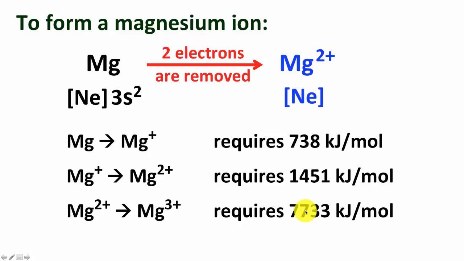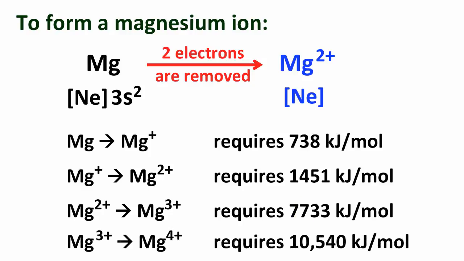Very big increase. And then to go from +3 to +4 requires even more energy, quite a bit more, but not as big a percent or fractional increase. Now it's only about 50% more energy to remove the 4th electron.